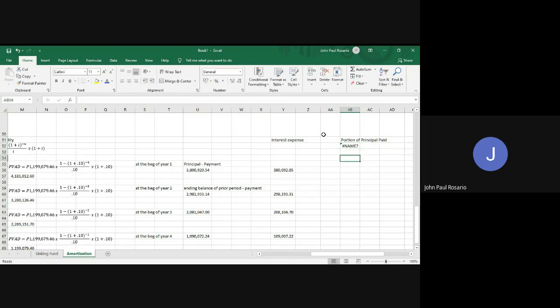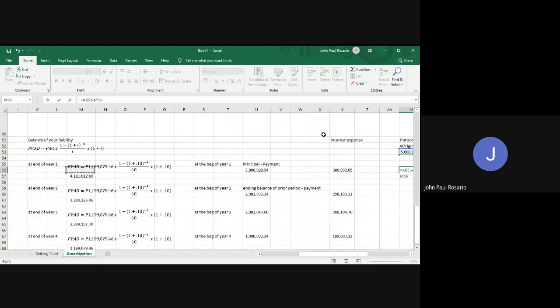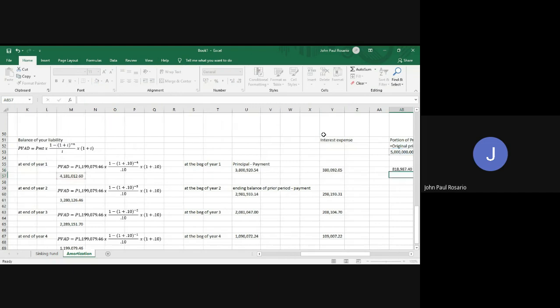For example, for year 1, let's put the 5 million here, and then we less our ending balance at year one.